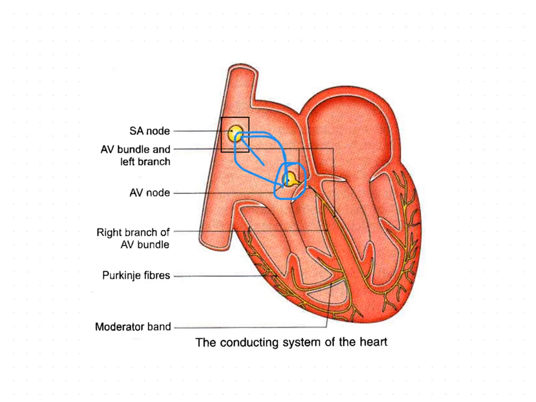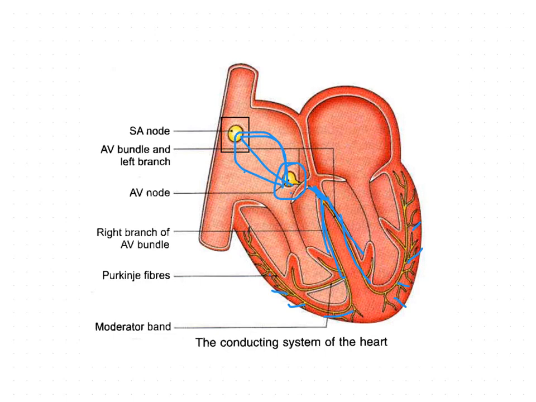Then the atrioventricular bundle, or bundle of His, and the branches of the AV bundle, the right and left branches. Finally, the small fibers are called the Purkinje fibers. So these are all the parts of the conducting system of the heart.